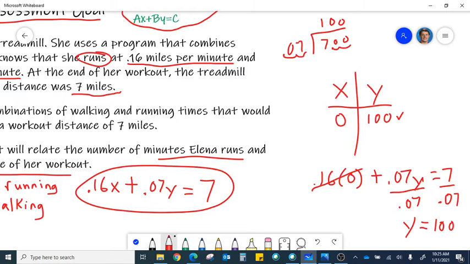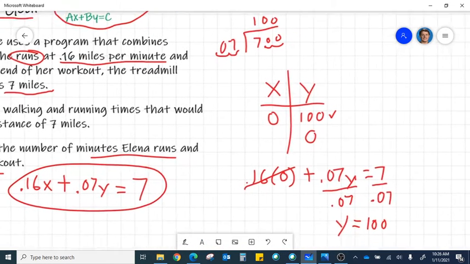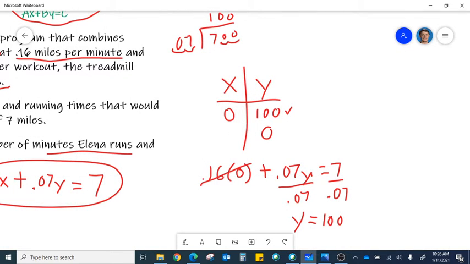Now let's plug in 0 for y. Plugging in 0 for y would look like this. Now we're going to be solving for x.